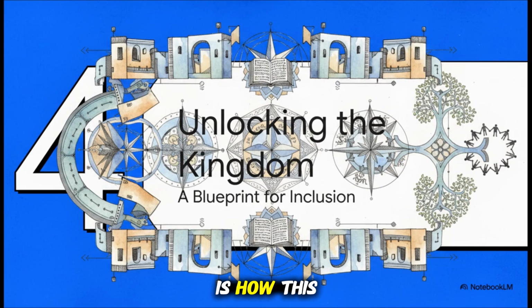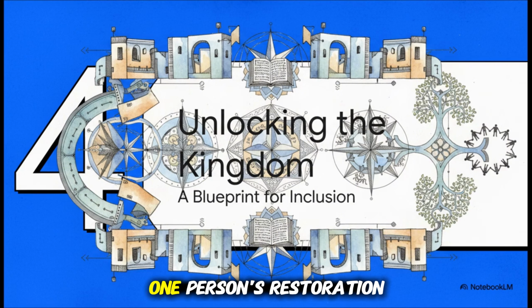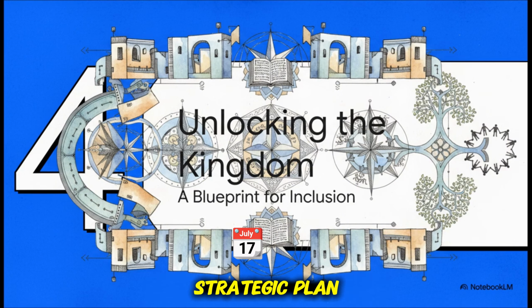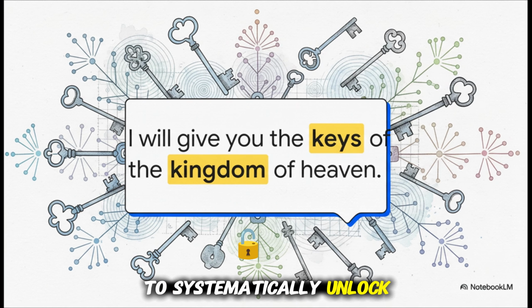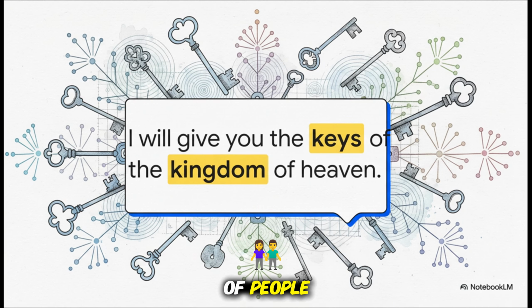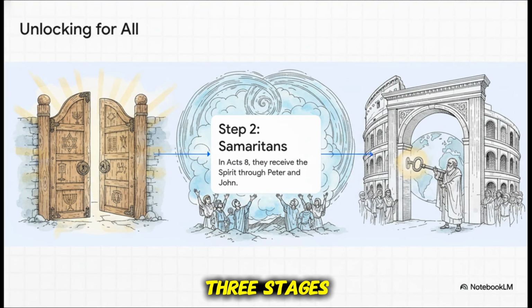What's really cool is how this type of pattern scales up, from one person's restoration to a strategic plan for an entire community. So Jesus gives Peter the keys of the kingdom. Now, obviously, that's symbolic, but if you look at the book of Acts, you see this clear pattern of Peter using these so-called keys to systematically unlock the community for new groups of people. The whole plan unfolds in 3 stages.